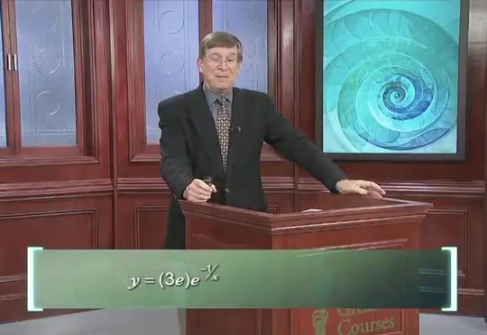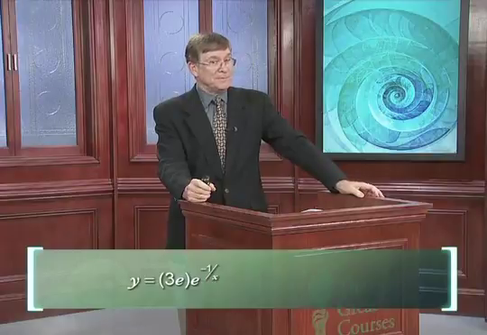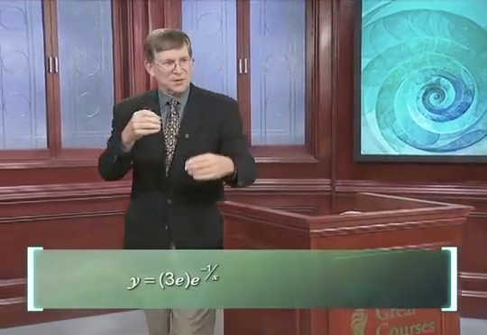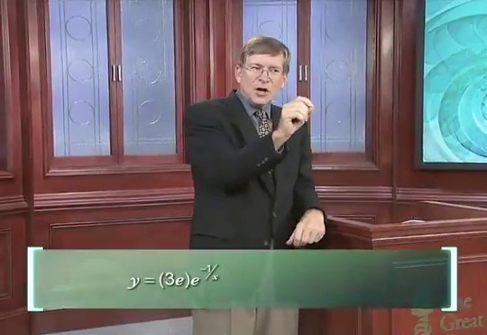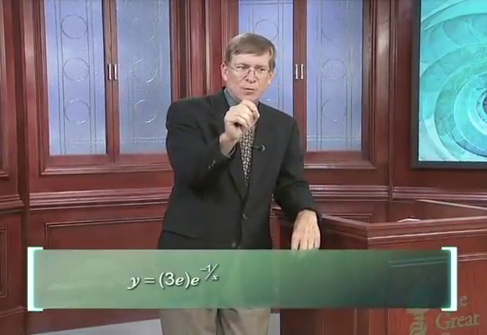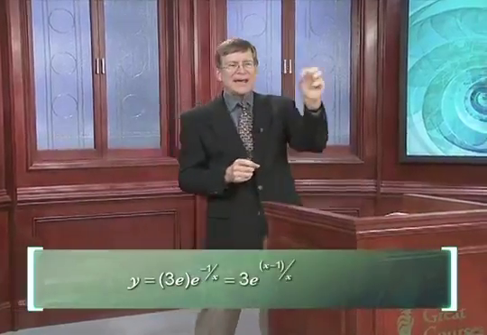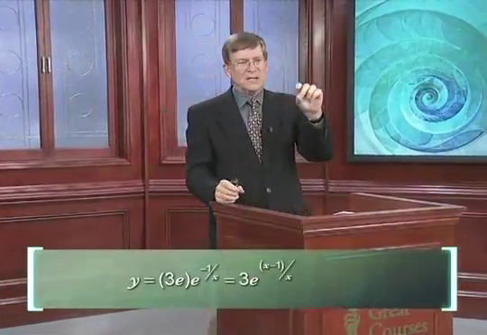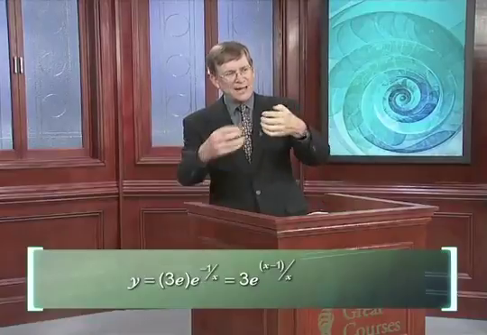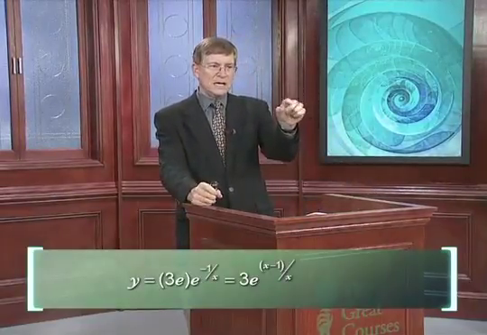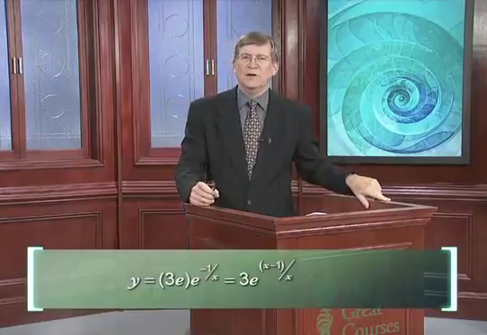Well, the back of the book won't write it that way either. They'll write it a different way. Again, we use some algebra. That e can move over with the other e, and it becomes 3e to the x minus 1 over x. If you take x minus 1 over x and split it up, you'll see that you end up with 3e times e to the minus 1 over x.